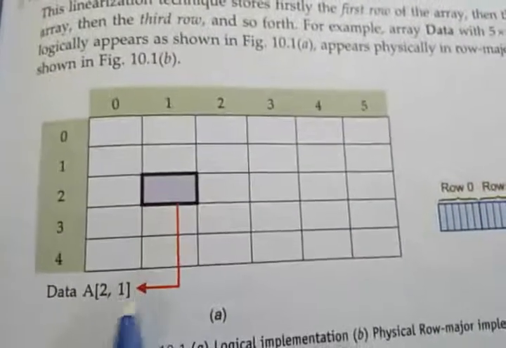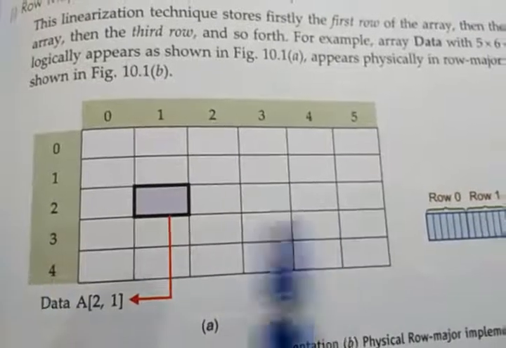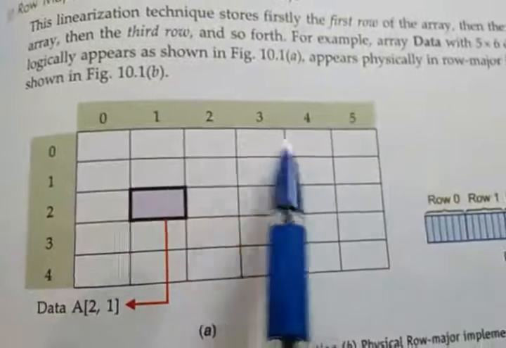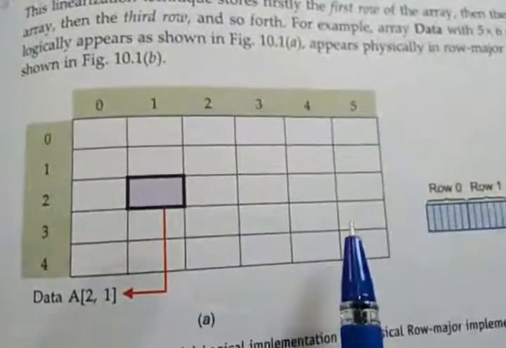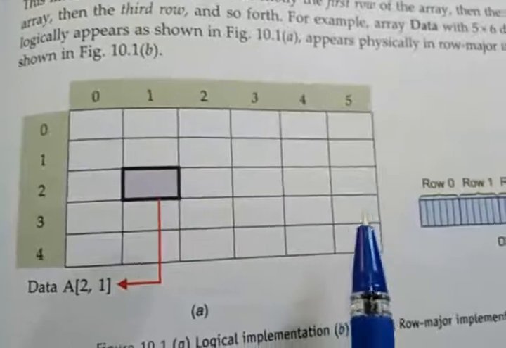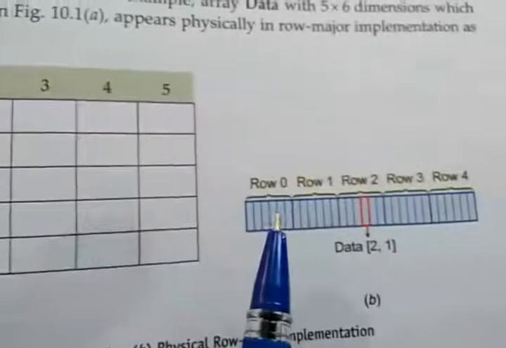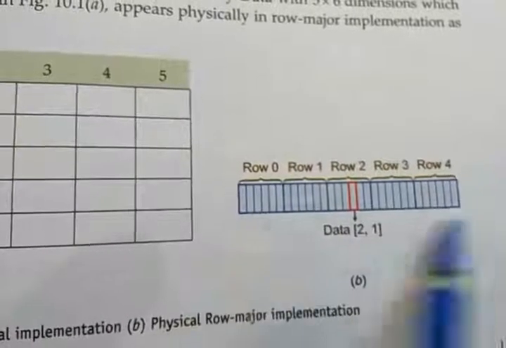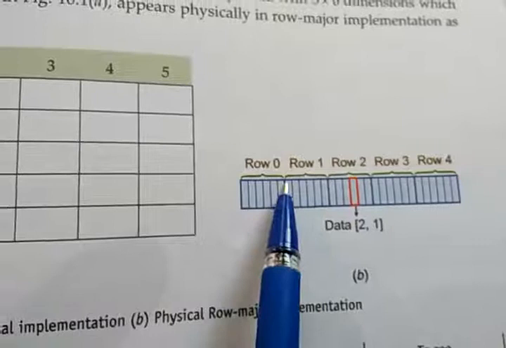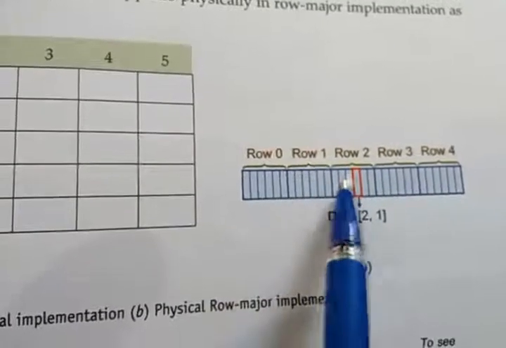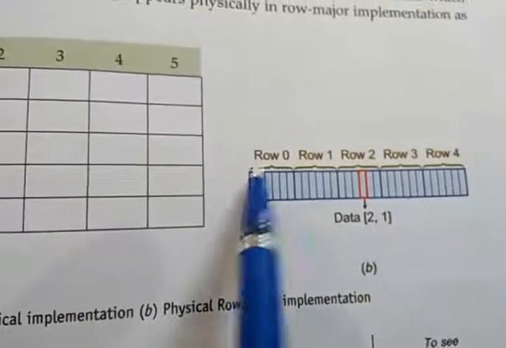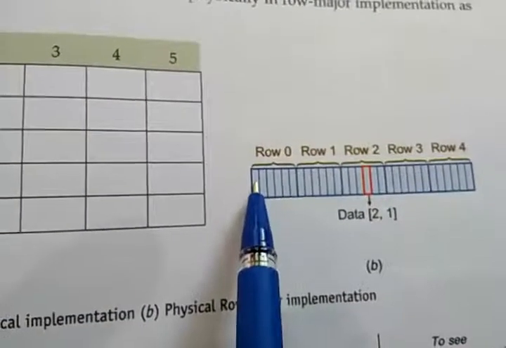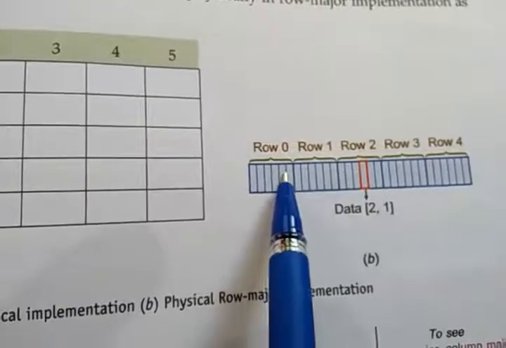Suppose this is an array of 5 of 6 size, 5 are the rows and 6 are the columns. When we represent this array row wise, this will be the memory structure of row wise. First we divide this in single dimension like this. So this is the first box, second, third, fourth and fifth. And in the first row, row 0, there will be 6 boxes, 1, 2, 3, 4, 5 and 6.